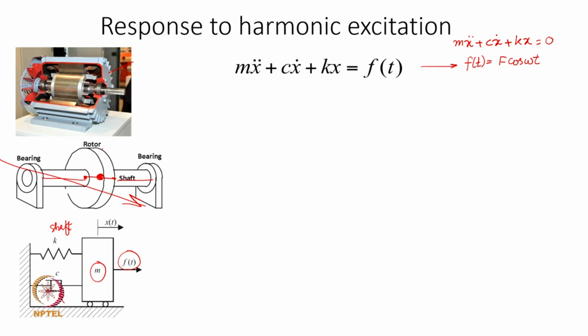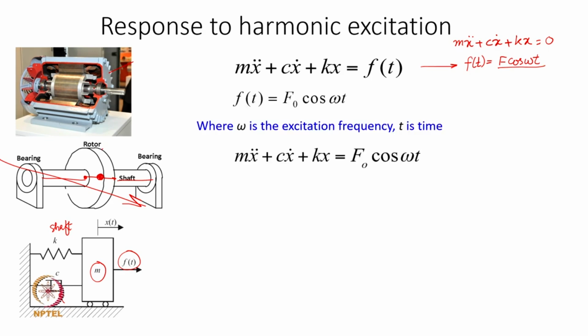shaft rotor system, or a rotor bearing system, so to say, and that f of t can be modeled like a harmonic forcing function f cos omega t. Now, there are ways in which this forcing function is represented.